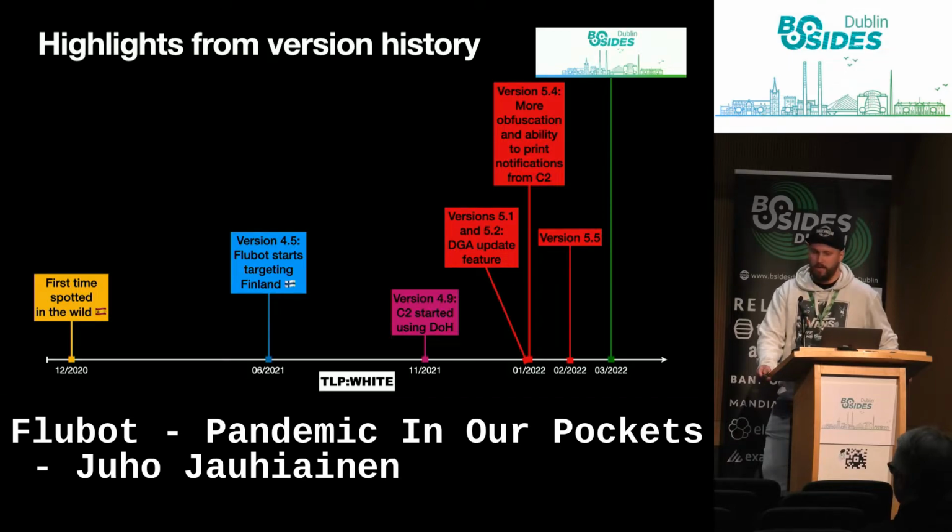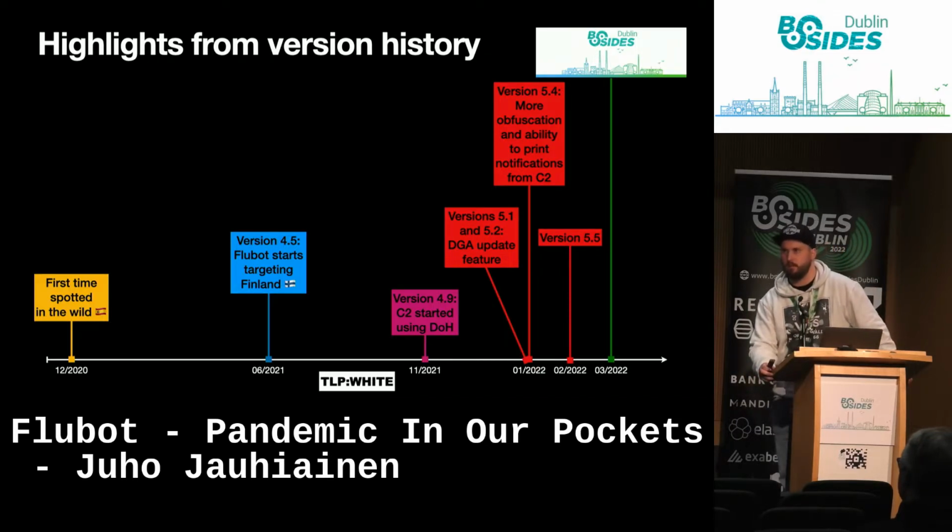For example, the DGA seeds, so they can generate a different kind of list of those C2 domains, and it also makes us researchers' life a little bit harder because the C2s are not hard coded in the malware and need to be downloaded from the C2.